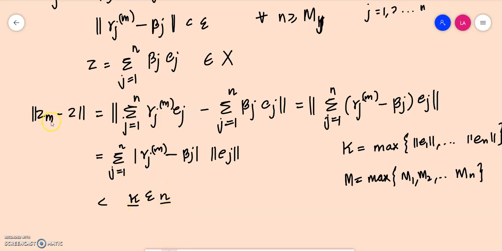Here the sequence is with respect to m, so the varying term is actually m. n is a fixed number, which is the dimension of X. So for all m greater than or equal to capital M.